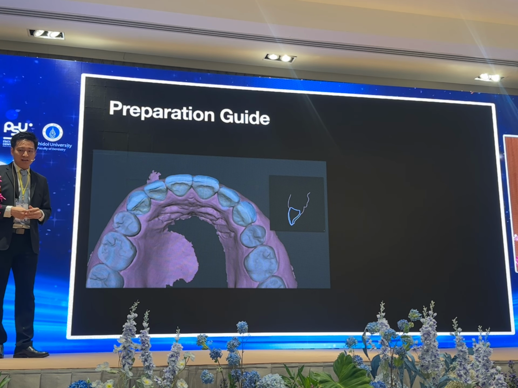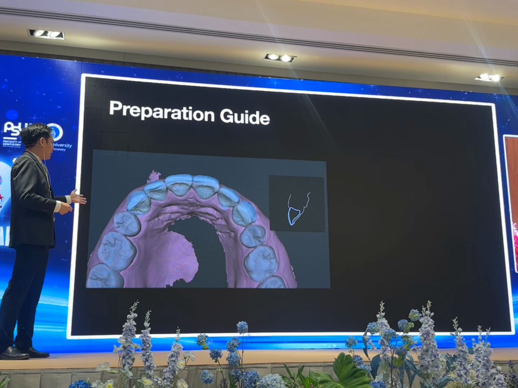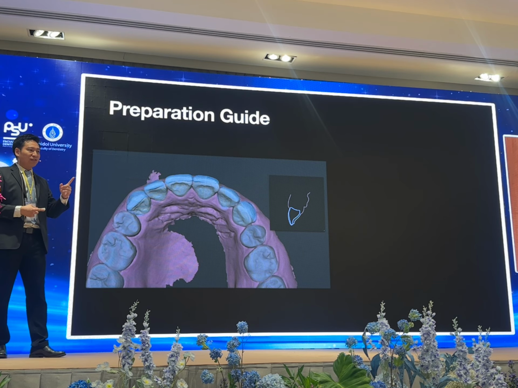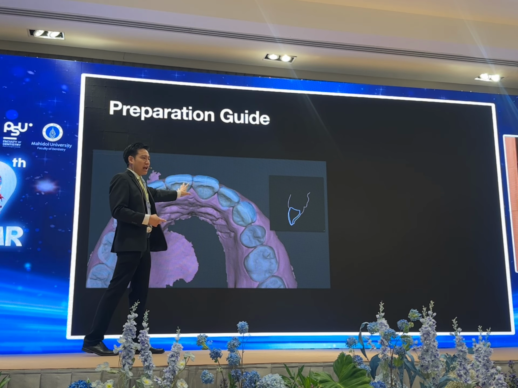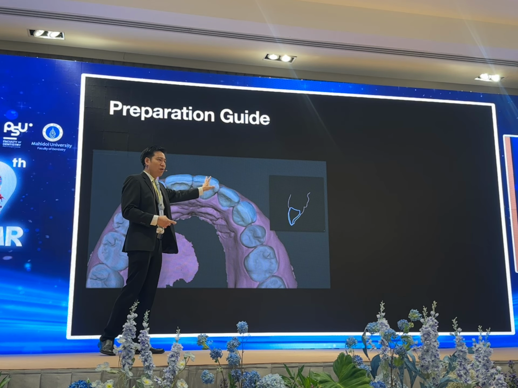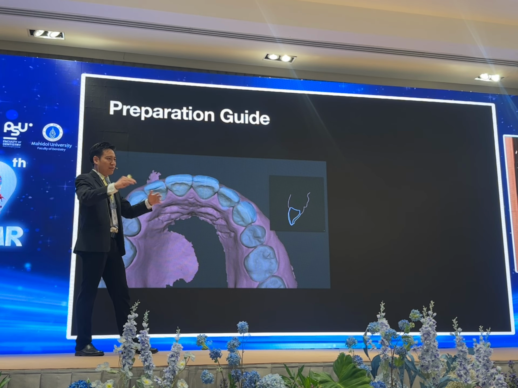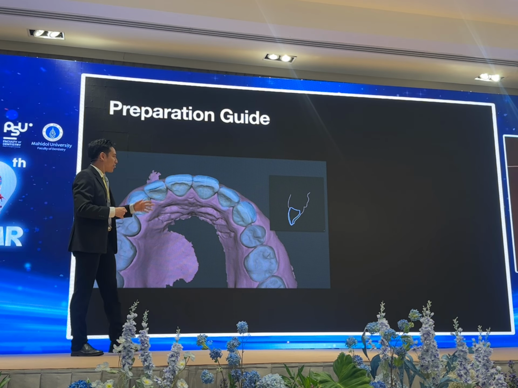After we get the final shape of everything in the model as we wish, we have 2 options. First, you just print out the model of the final restoration and go with the conventional way as you did before by making a putty. Or the second option, you go into a digital guide.